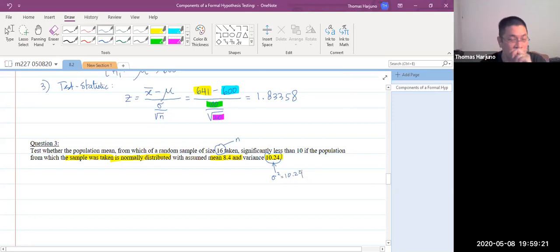And the assumed mean is 8.4. Now the thing is, this is less than 10. So which is the population mean, and which is the sample mean?